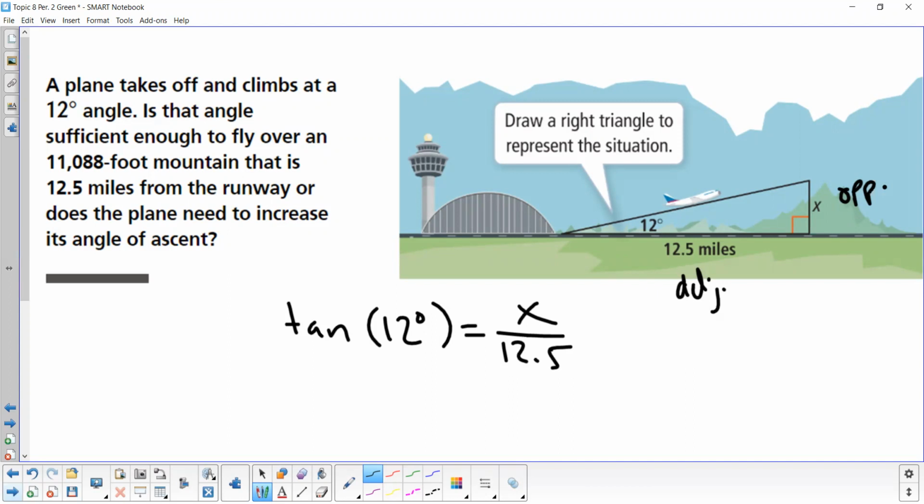You multiply by 12.5. 2.656. I clicked the wrong button and got 2.5 instead of the other.